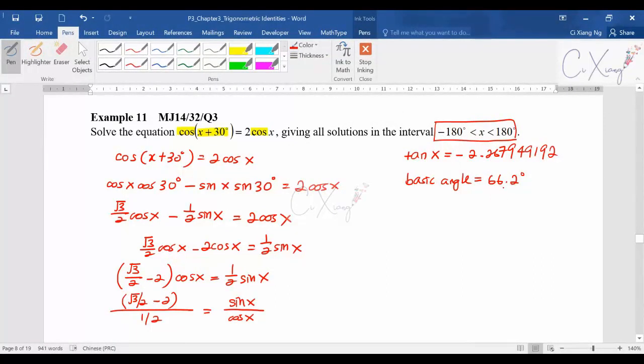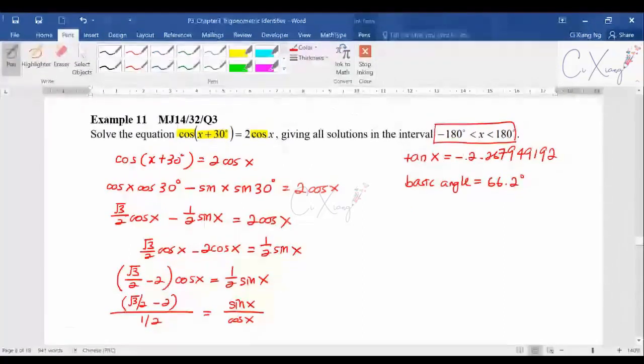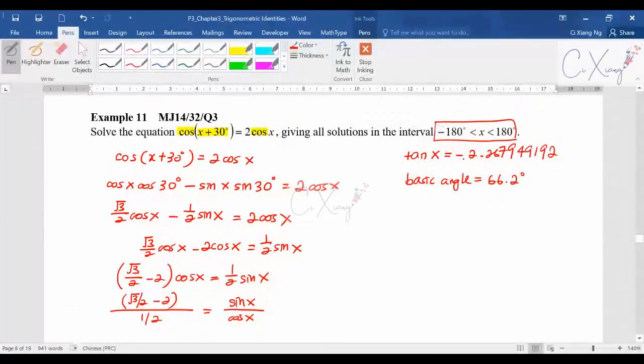So you get 66.2, and they want negative 180 to positive 180 and tangent negative. So for tangent negative, the answer should be from the second quadrant and also the fourth quadrant. If you follow the negative angle, you should get negative 66.2.